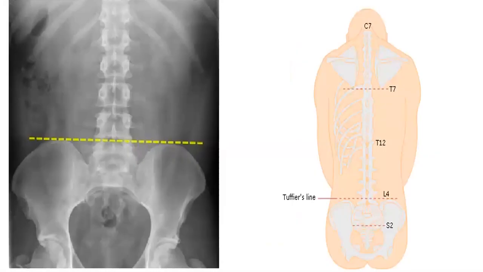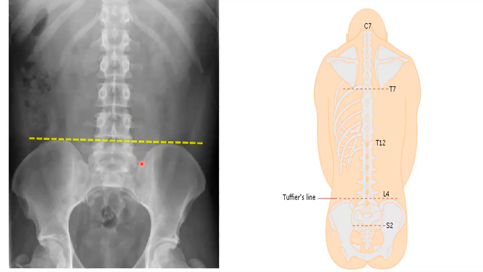This is an image of the ideal level where we want to insert our spinal anesthetic, and is referred to as Tuffier's line. This line transects the upper border of the iliac crest and is described to be between L4 and L5.